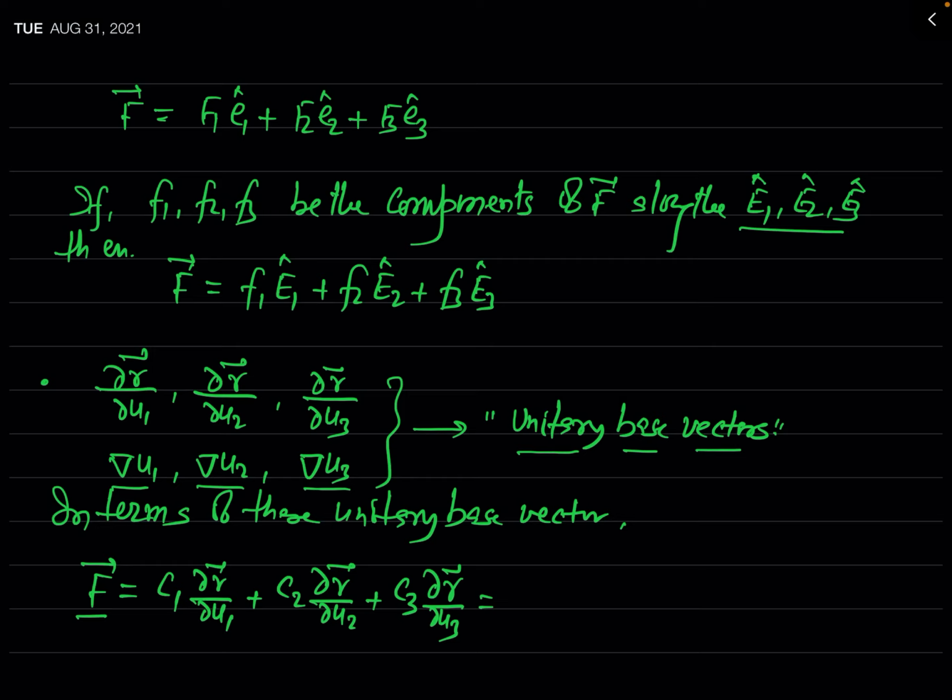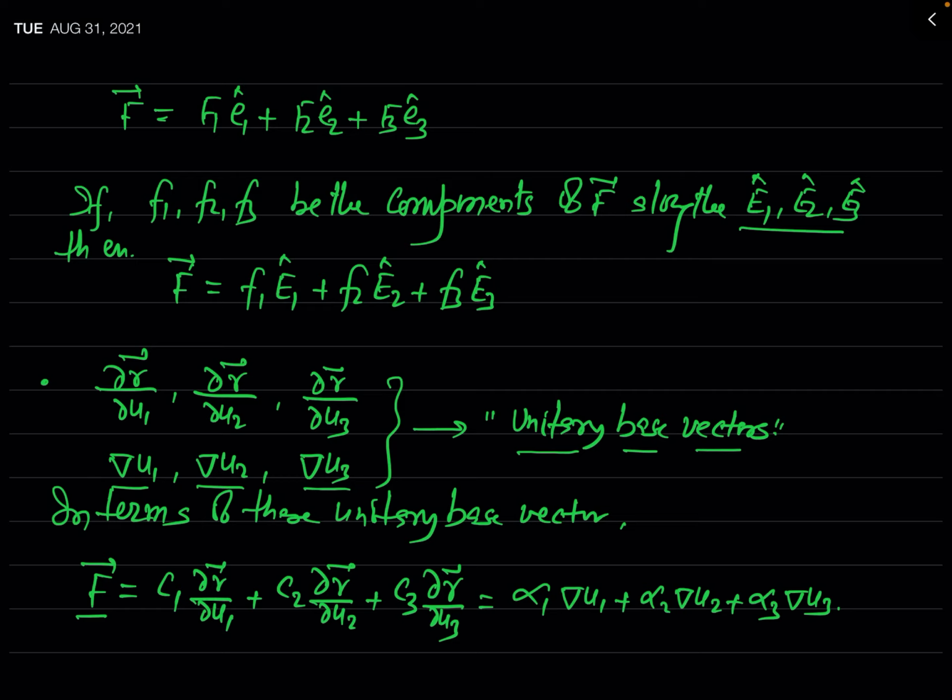So in this condition you can express f in this way: alpha 1 del u1 plus alpha 2 del u2 plus alpha 3 del u3. So you can see this is also a convention or tradition to express a vector in terms of the unitary base vectors instead of the unit vectors.